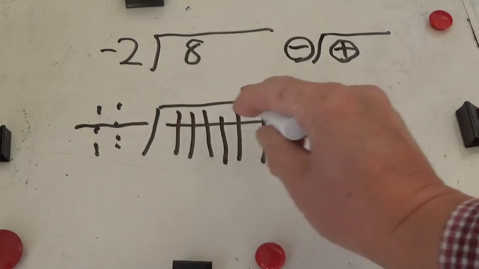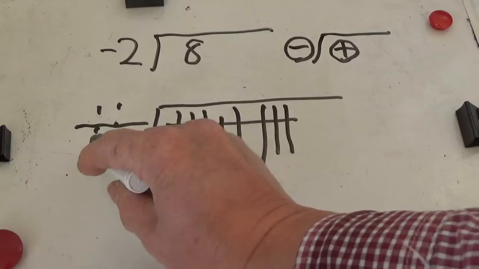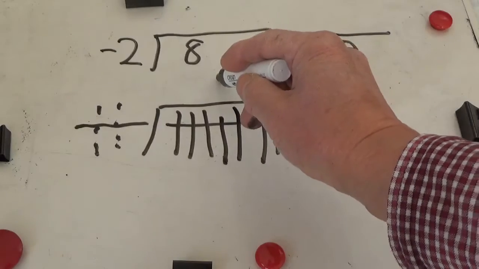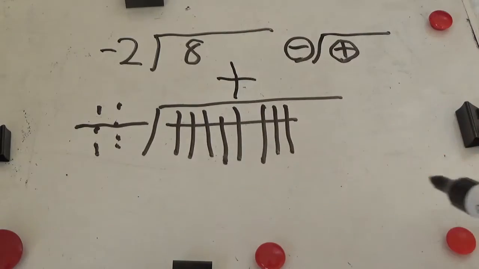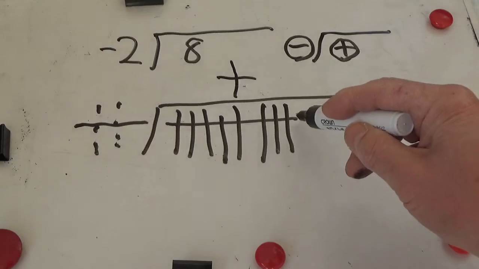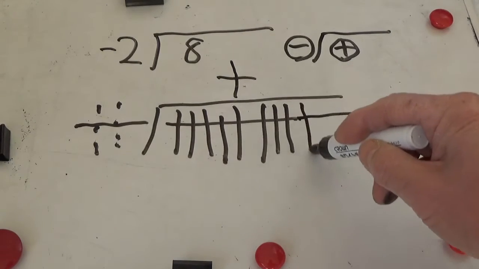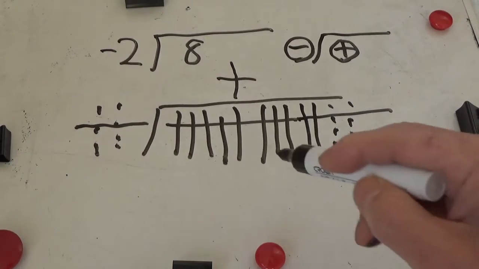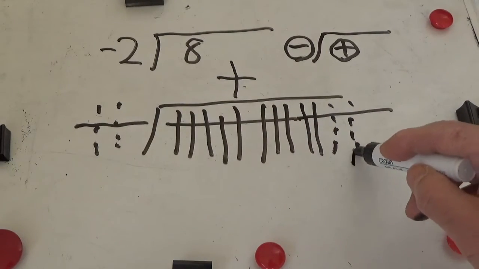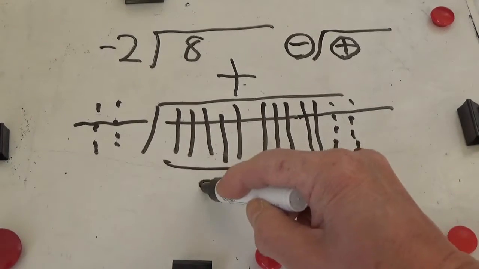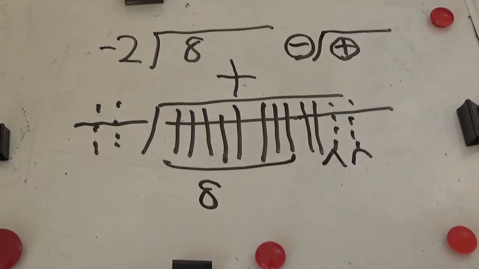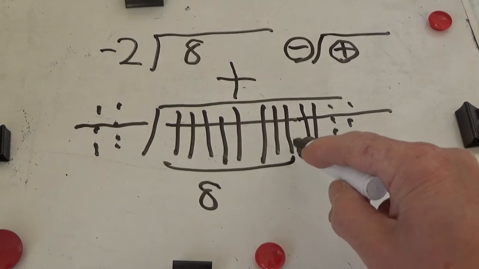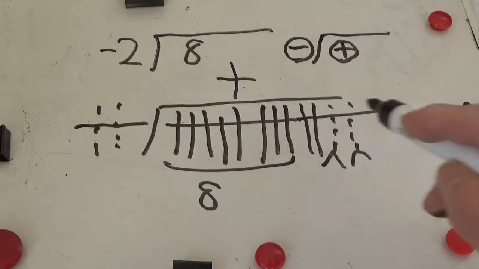This is positive 8, and this is negative 2. Let's subtract once. So first add 0 and subtract minus 2. This is 8 minus minus 2. So the number is increased.